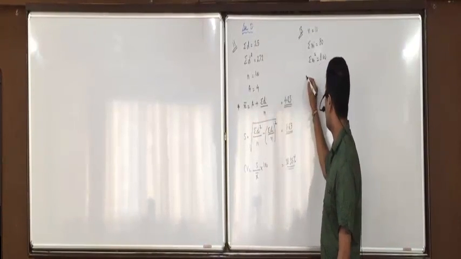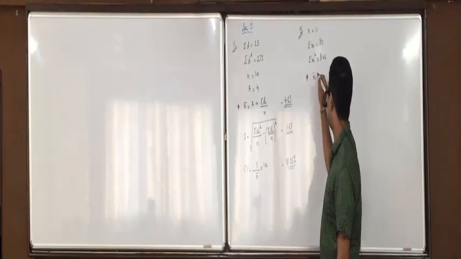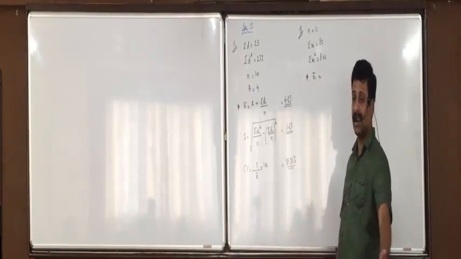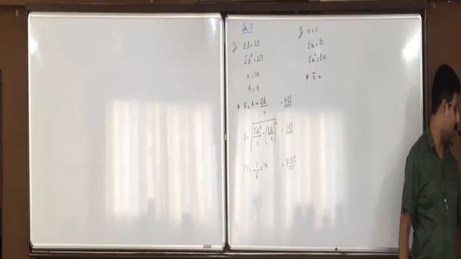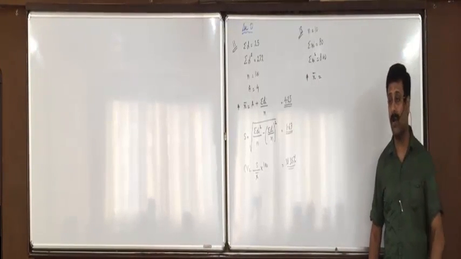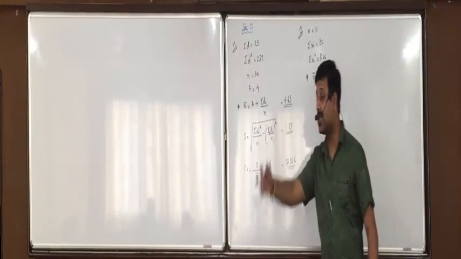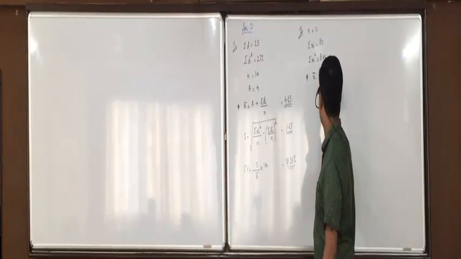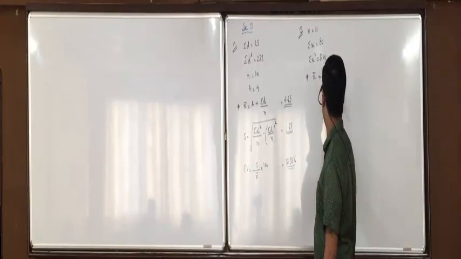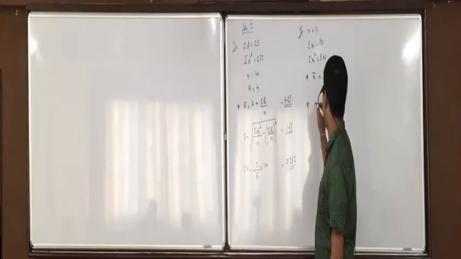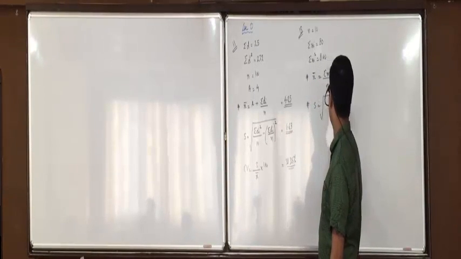Raise your hand now. What formula will you apply for X bar? Again CV is asked. Find the coefficient of variation. What formula will you apply for X bar? Sigma xi upon n. What formula will you apply for standard deviation?